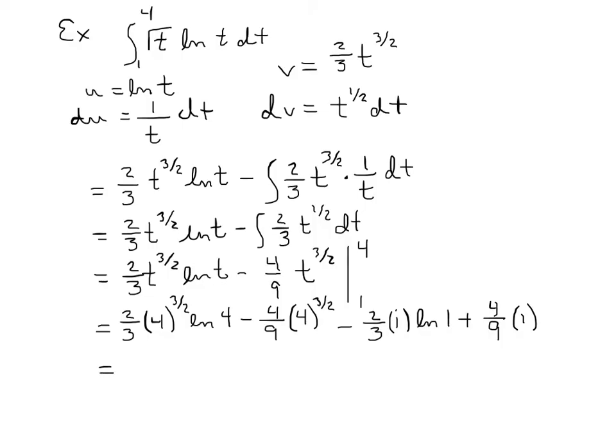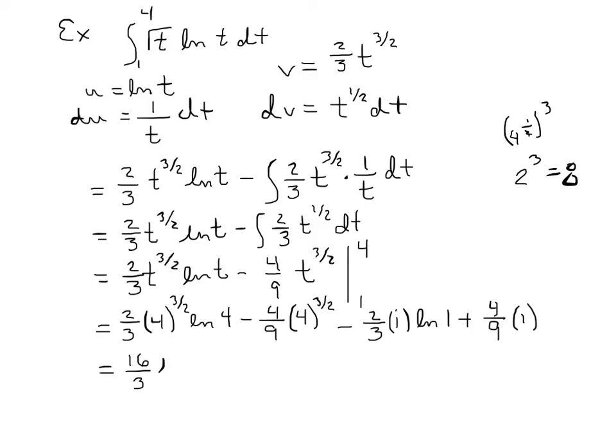And I can simplify this because 4 to the 1/2 is equal to 2. That's the square root of 4. And then I'm going to cube that. So I get 8. Okay, and 8 times 2 is 16.